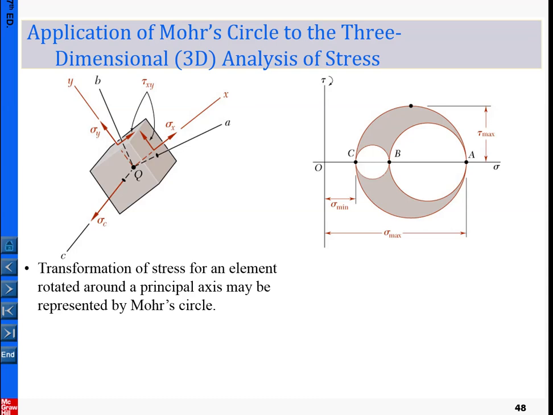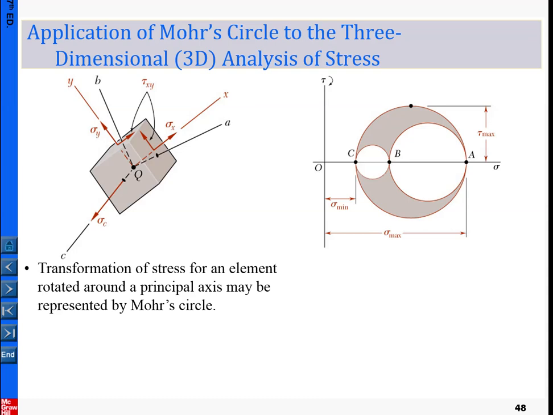In other words, if certain particular conditions are not satisfied, then the Mohr circle technique wouldn't be able to apply to solve the transformation of the stress in 3D. So keep these particular conditions in mind, and I'm going to talk about this one quickly.